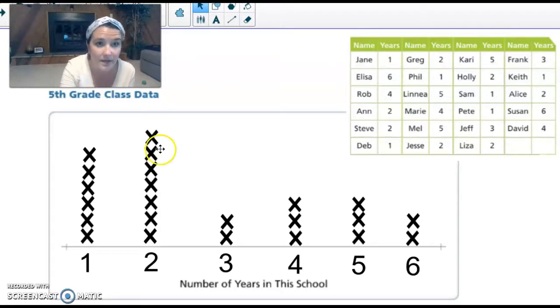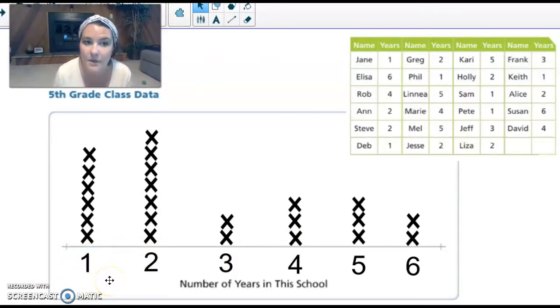You're right, 1. I asked you what the least number of years were on this line plot, and 1 is the least number of years. When I'm asking about the number of years, I look and see where and what my numbers represent, and it represents the number of years, and the least is 1.